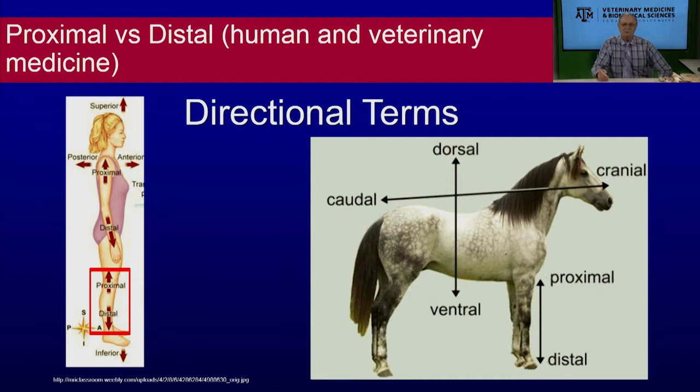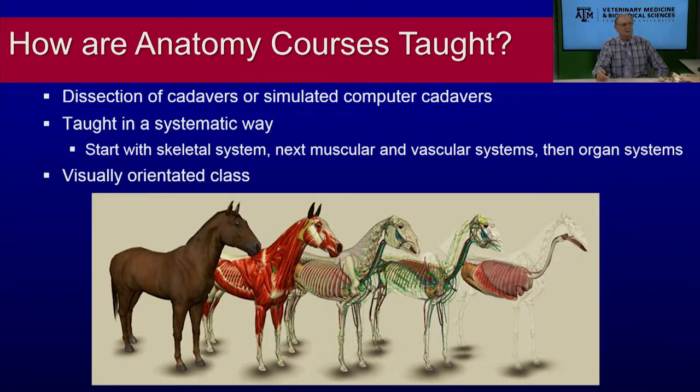That would be the dorsal for a horse, for example. But these directional words are part of the names of the anatomy structures: lateral, medial, cranial, caudal. All those words are part of the naming of blood vessels and nerves and muscles in the body.